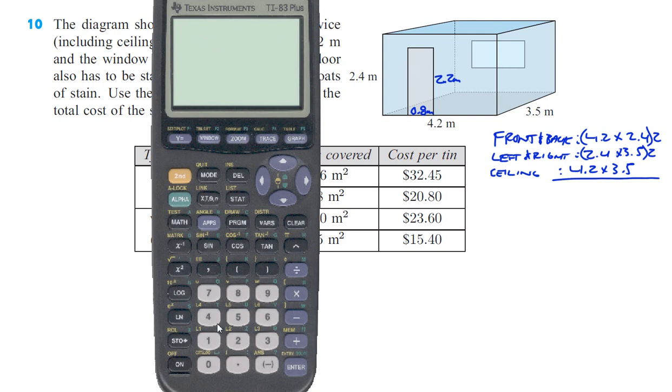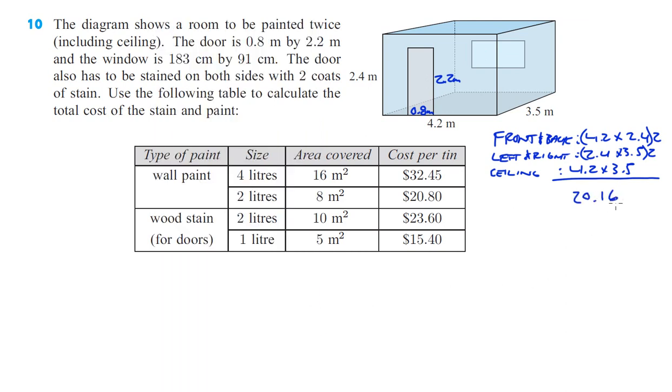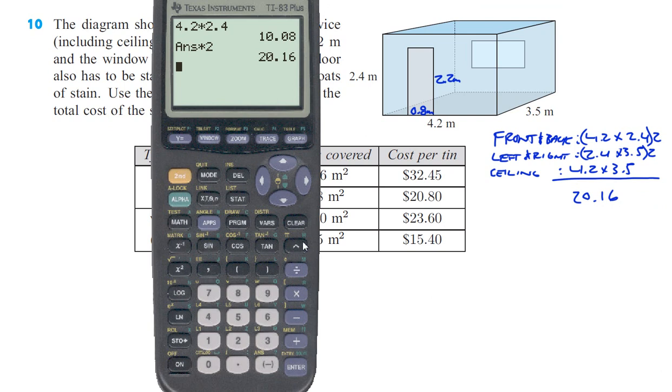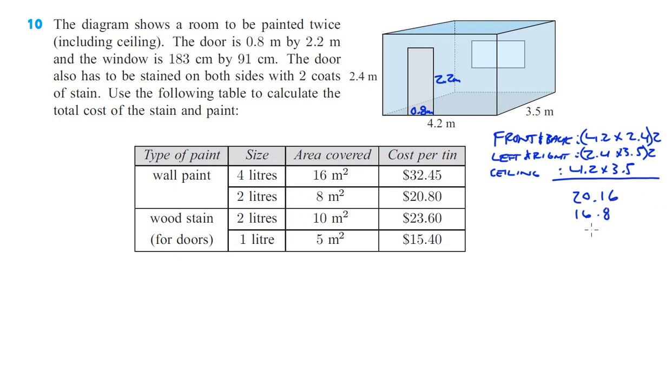So we got 4.2 times 2.4 gives us 10.08, and multiply that by 2, and that's 20.16. Okay, and then we've got 2.4 times 3.5 is 8.4, and we double that, and we get 16.8 for the left and the right.